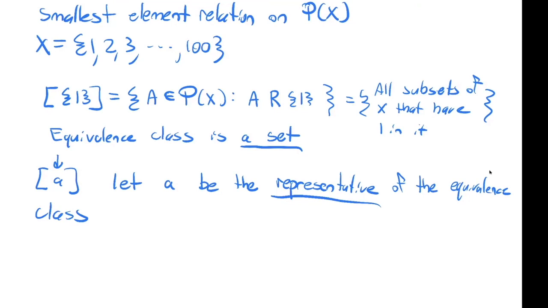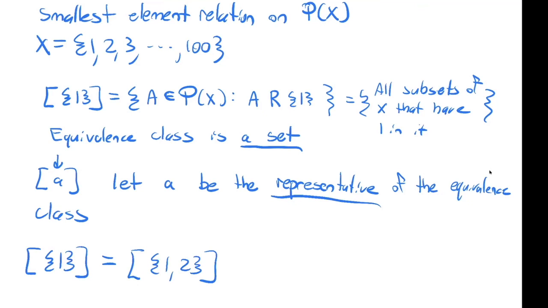If we think about this smallest element relation, what this theorem is saying is that because the smallest element relation is an equivalence relation, the corresponding equivalence classes should be the same no matter which element I pick from that equivalence class.